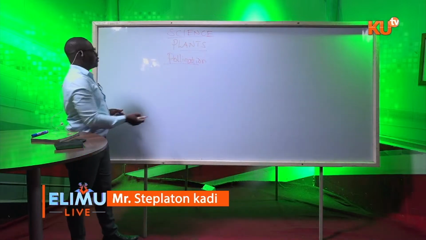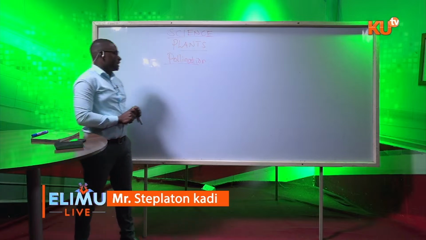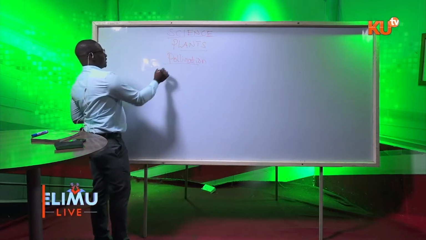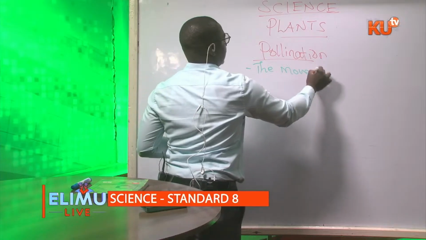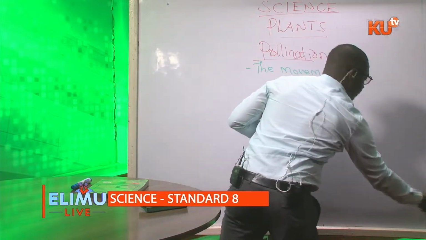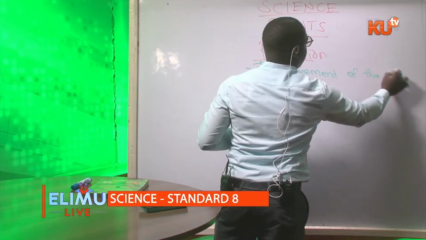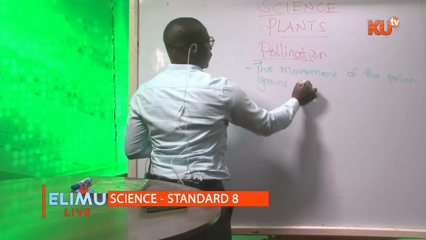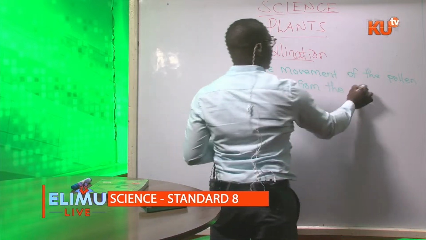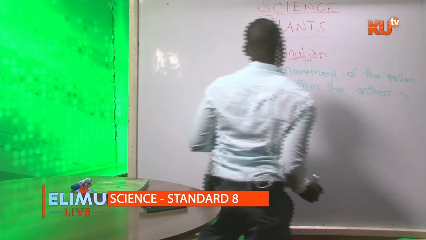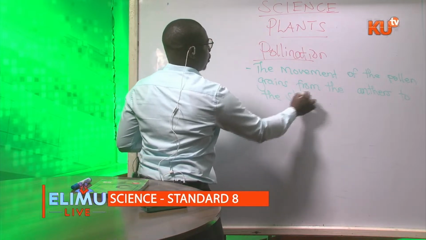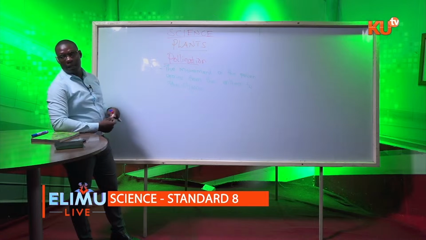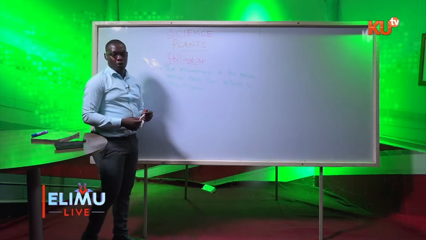So by definition, pollination is the movement of the pollen grains from the anthers to the stigma. That is what we call pollination.